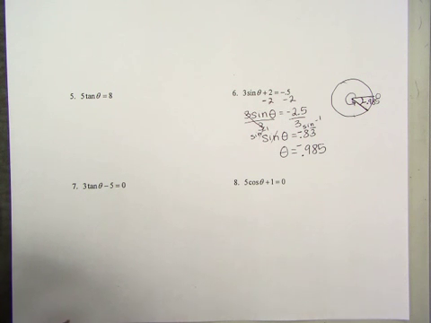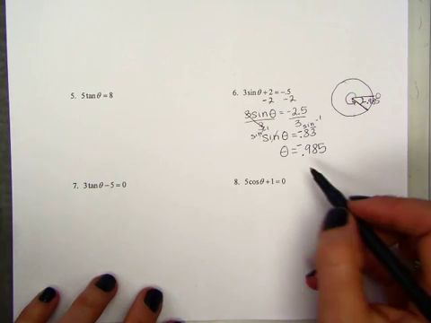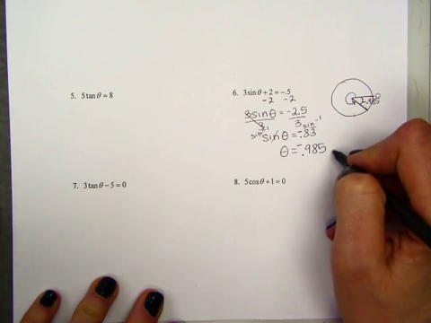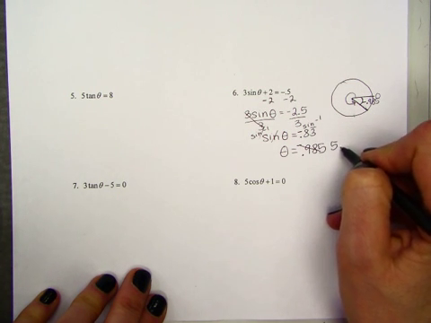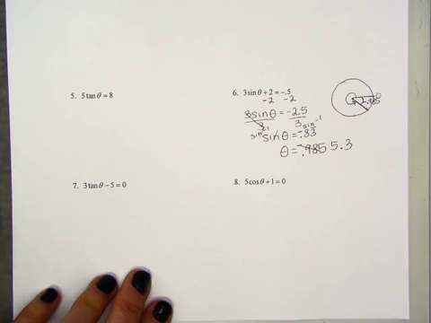Multiply. All right, so did you get 5.3, we'll call it? Okay. And that is between 0 and 2 pi.